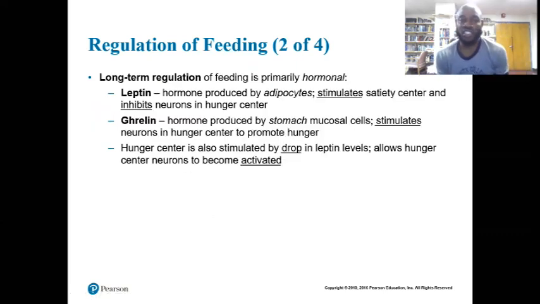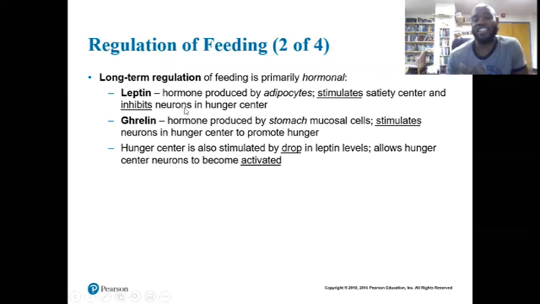Right? Long-term regulation, you have leptin, the hormone produced by the adipocytes, the fat cells, which stimulates your satiety center and therefore inhibits your hunger center. You have ghrelin, a hormone produced by stomach mucosal cells, which stimulates neurons in the hunger center to promote hunger.